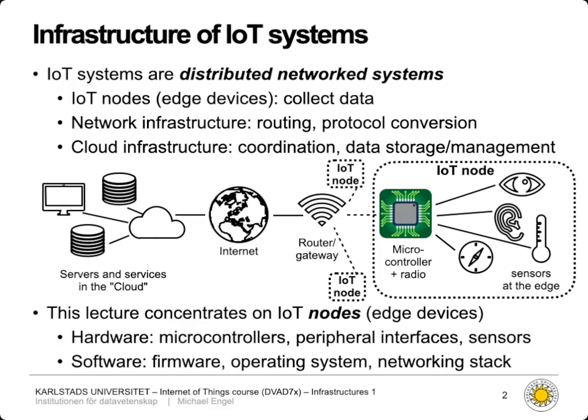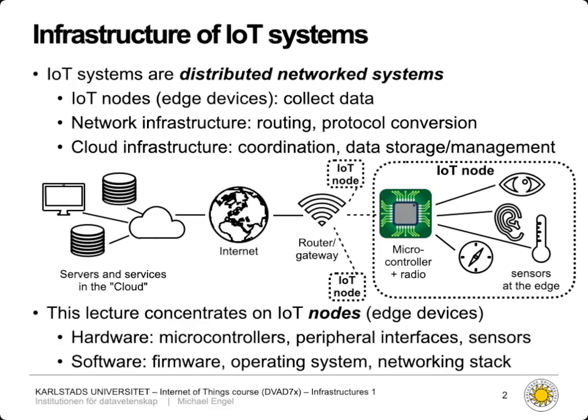And they're mostly concerned with collecting data that then has to be processed and aggregated over the network and then acted upon or stored or whatever you want to do with your data. And obviously, you need some network infrastructure to enable this.